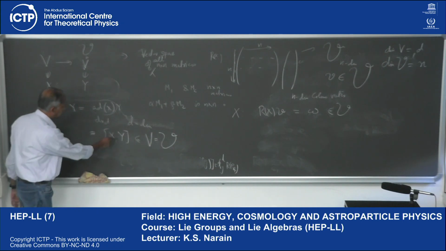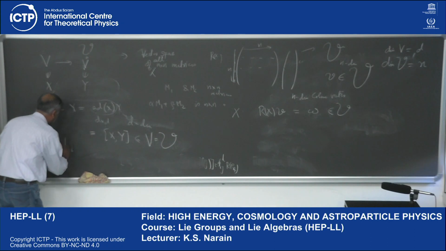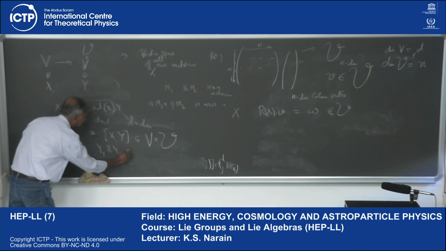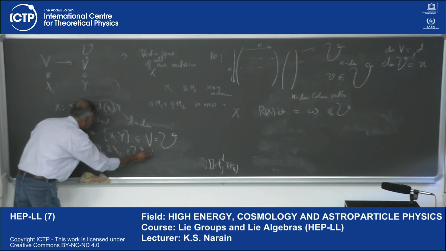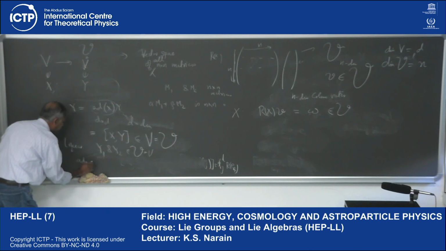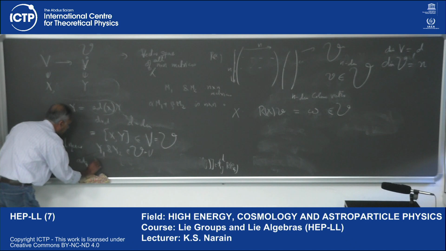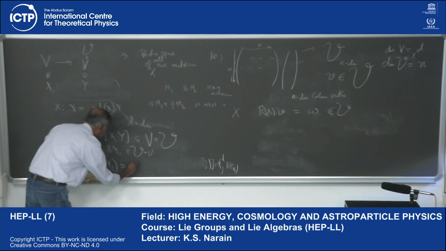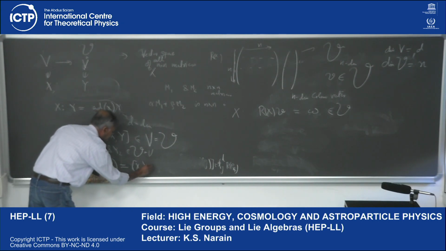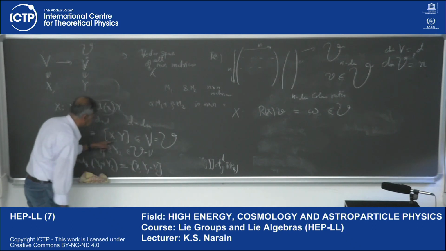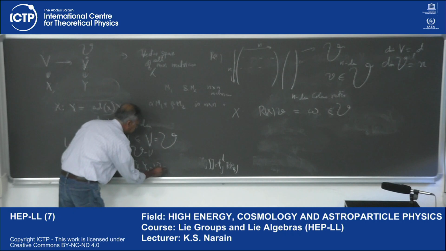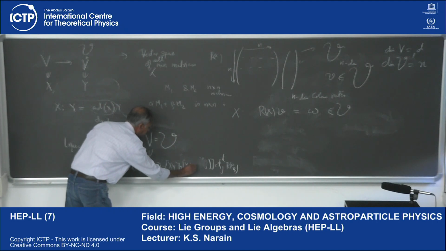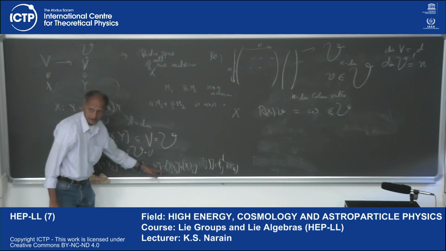It's linear because if I take y1 and y2 in curly V, which is equal to V, then ad x acting on y1 plus y2 is the same as the commutator of x with y1 plus y2, by this definition, and that's the same as the commutator of x with y1 plus the commutator of x with y2.